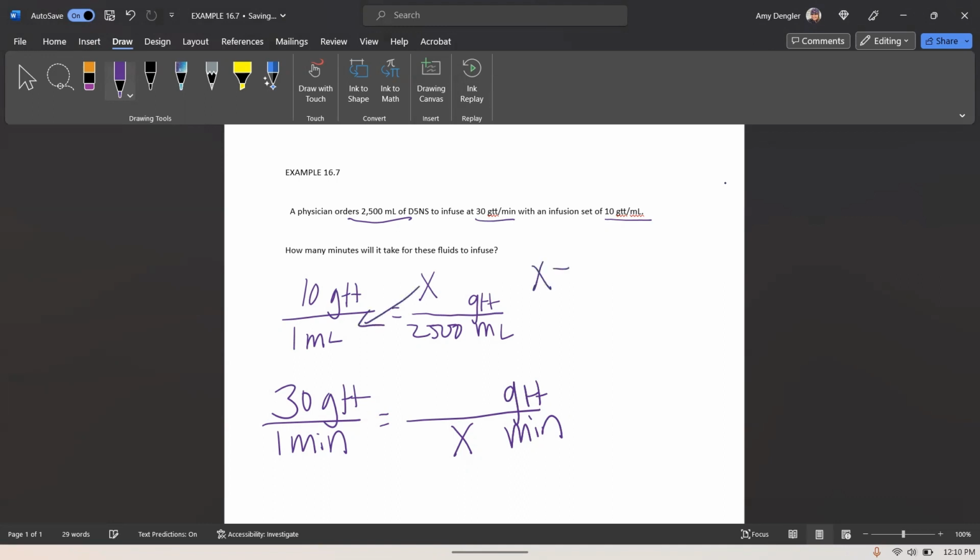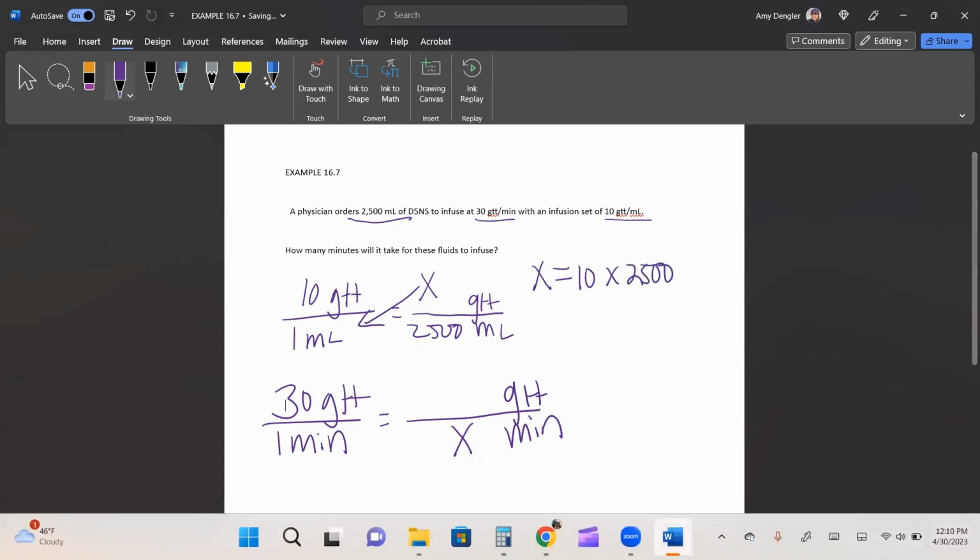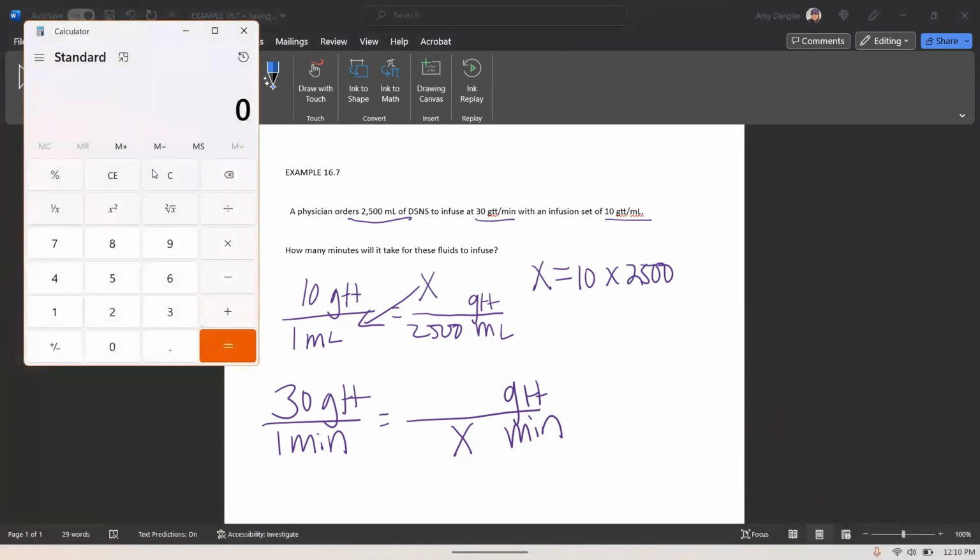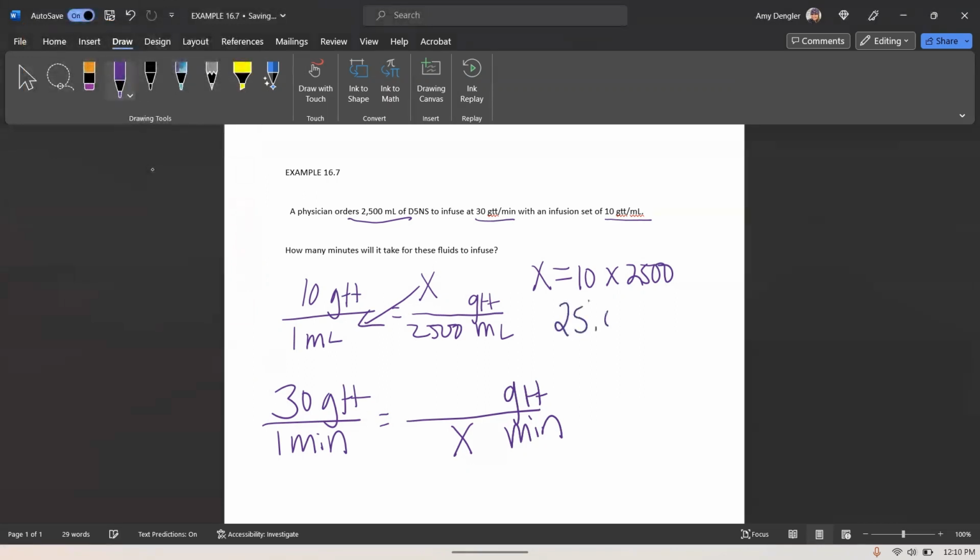So 1x is just x, which is equal to 10 times 2,500, which is 25,000 drops.